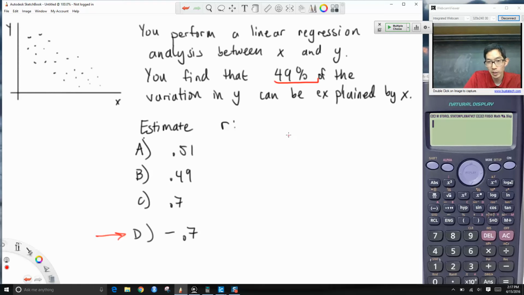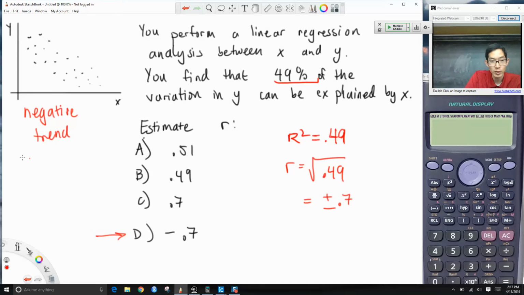We would say r squared is 0.49. And so r will be the square root of 0.49, which means it can be either plus 0.7 or minus 0.7. So based on our negative trend here, we choose minus 0.7.